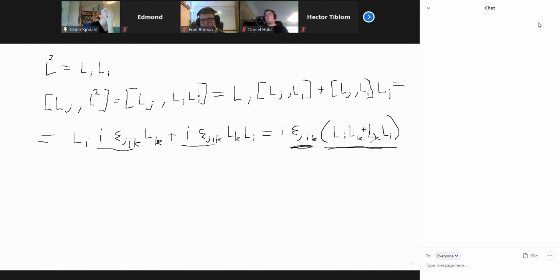And since this doesn't change if we swap k and i, we have something antisymmetric times something symmetric, which must be 0. And of course it doesn't matter what j is because this is symmetric in all indices.